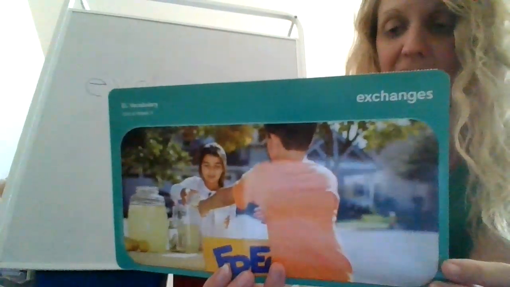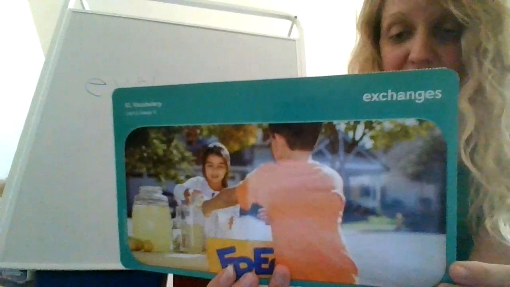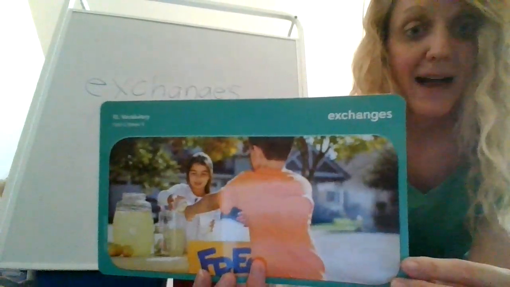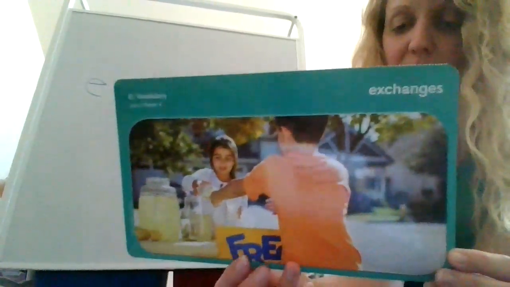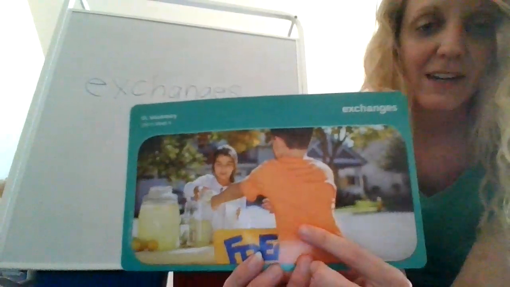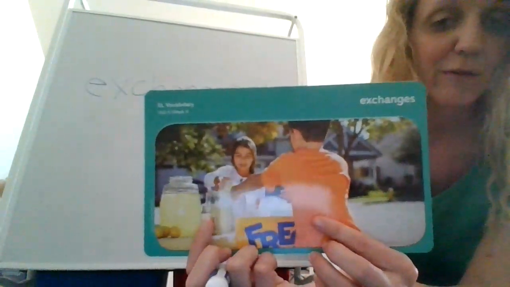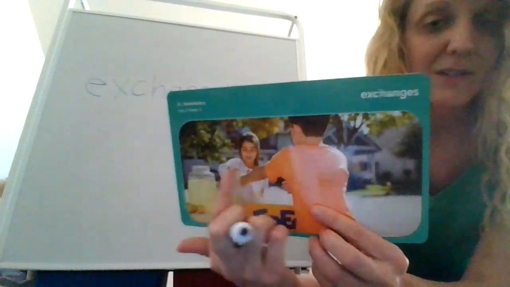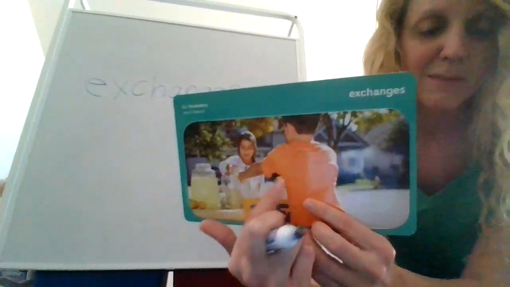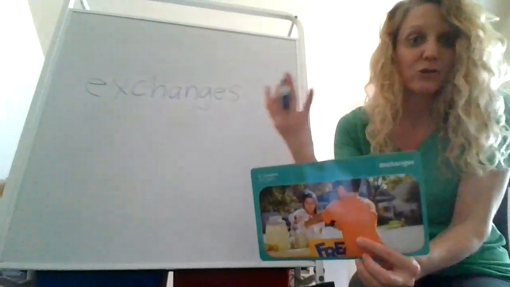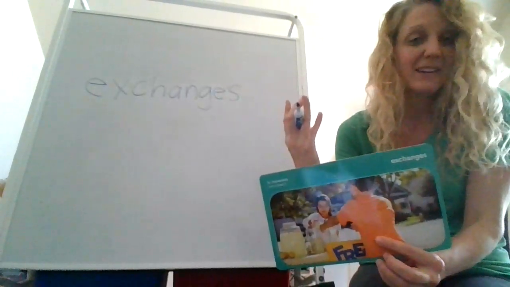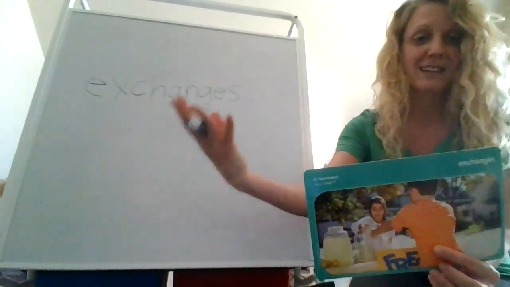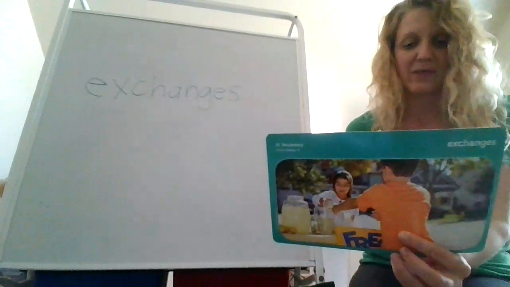Exchanges means someone gives one thing and gets another back. So in this picture, it says David exchanges money for a glass of lemonade. So he gives the girl money, she gives him lemonade. It's kind of like they're trading things, right? So he gives her something, she gives him something.